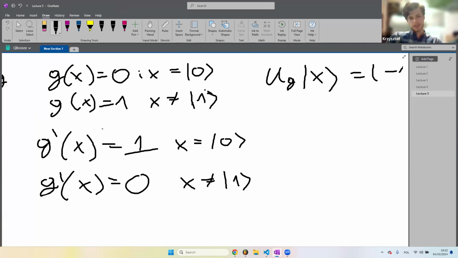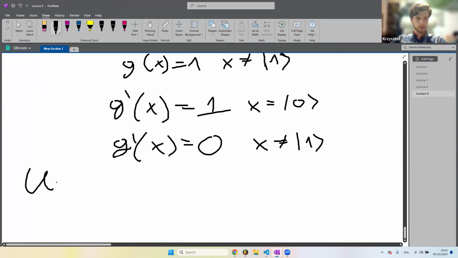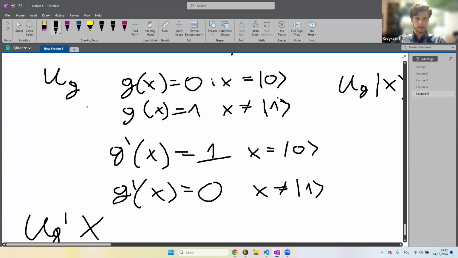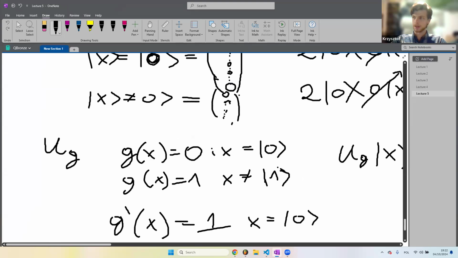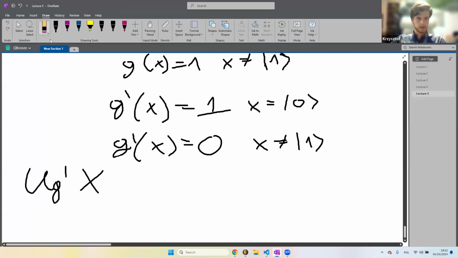To think of this step here, you can apply first this UG prime and then apply an X gate in order to get this UG function. But actually, I think I missed something here. Yeah, okay, it's fine.